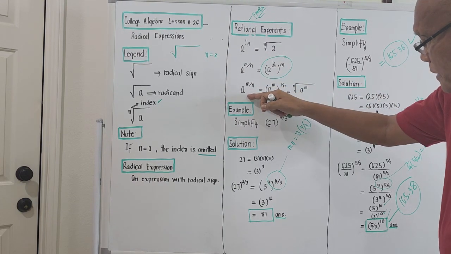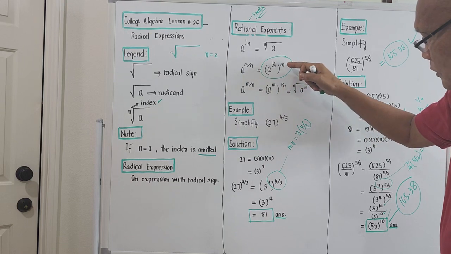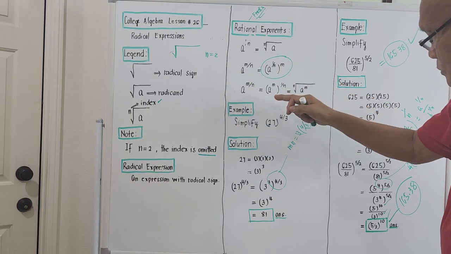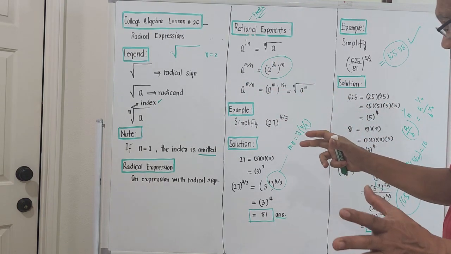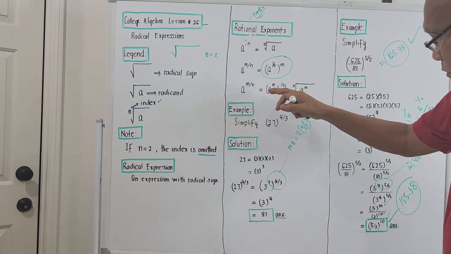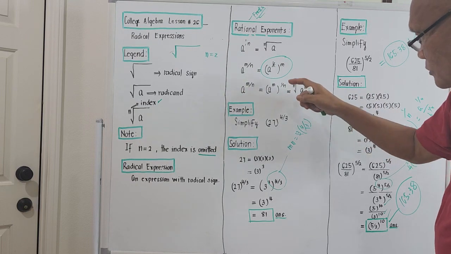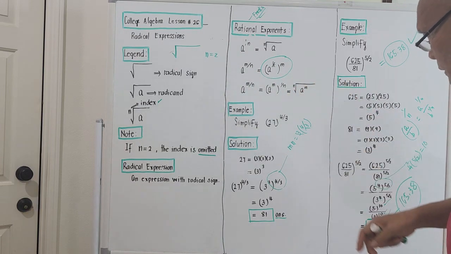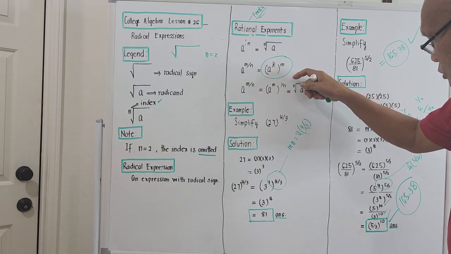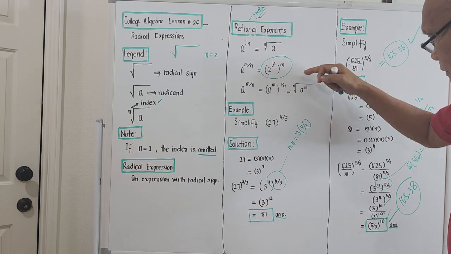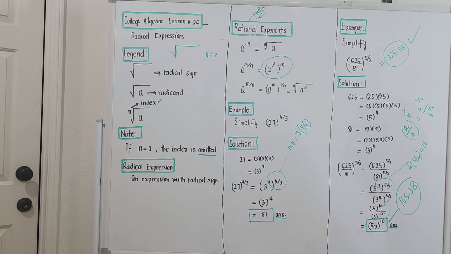Or we could interchange the location of m and 1 over n. So as a second choice, this can be written as a to the m, raised again to 1 over n, which is equal to the nth root of a to the m.